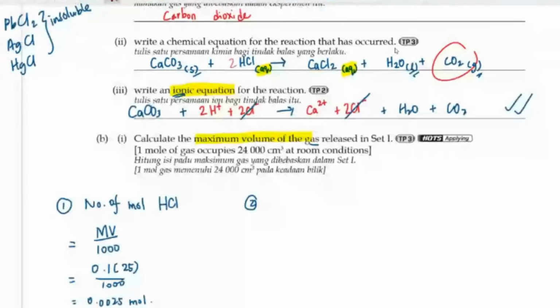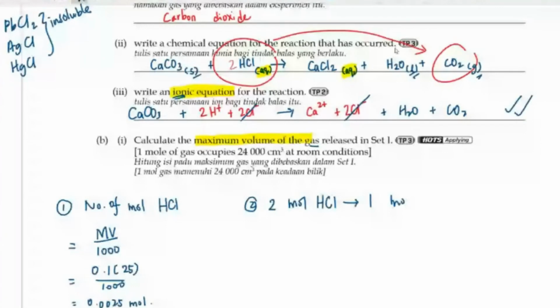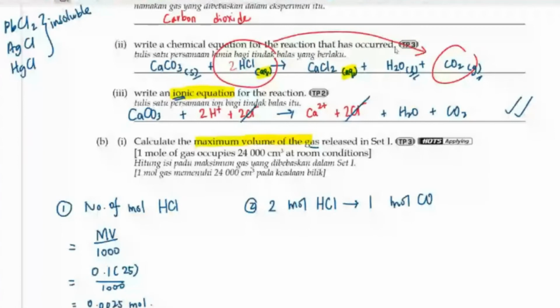So mole ratio: 2 moles of hydrochloric acid produce 1 mole of carbon dioxide. Now if the hydrochloric acid used here is 0.0025 mole, what is the mole of carbon dioxide?